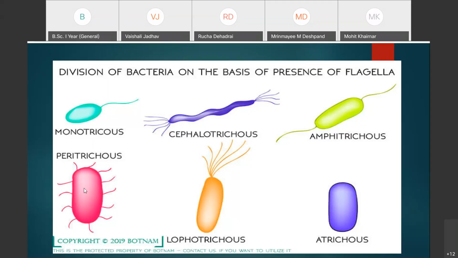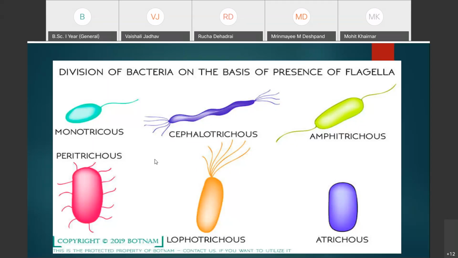That's why, depending upon their number, position, and arrangement, there are various types.